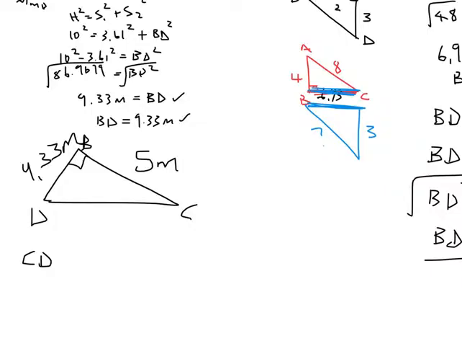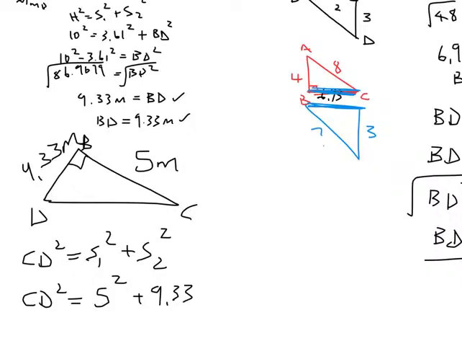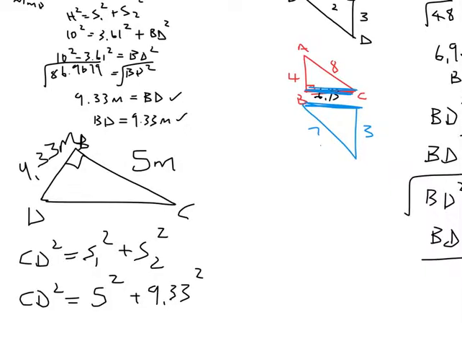I will therefore say CD squared equals side 1 squared plus side 2 squared, and then CD, which is what we are looking for, will be equal to 5 squared plus 9.33 squared, and this should be equal to 112,0489.